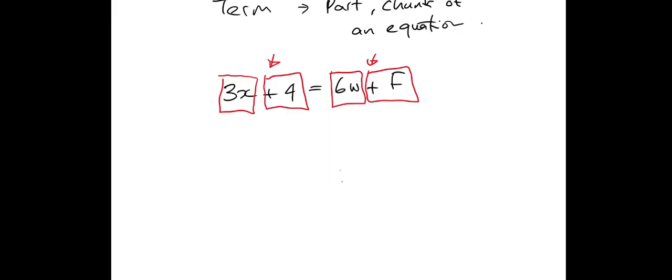So let's break down a term. Let's say we have the term 5x squared. This is just pure vocabulary. So x would be the variable, a placeholder of something that we don't know the value of yet. This number out the front is the coefficient.